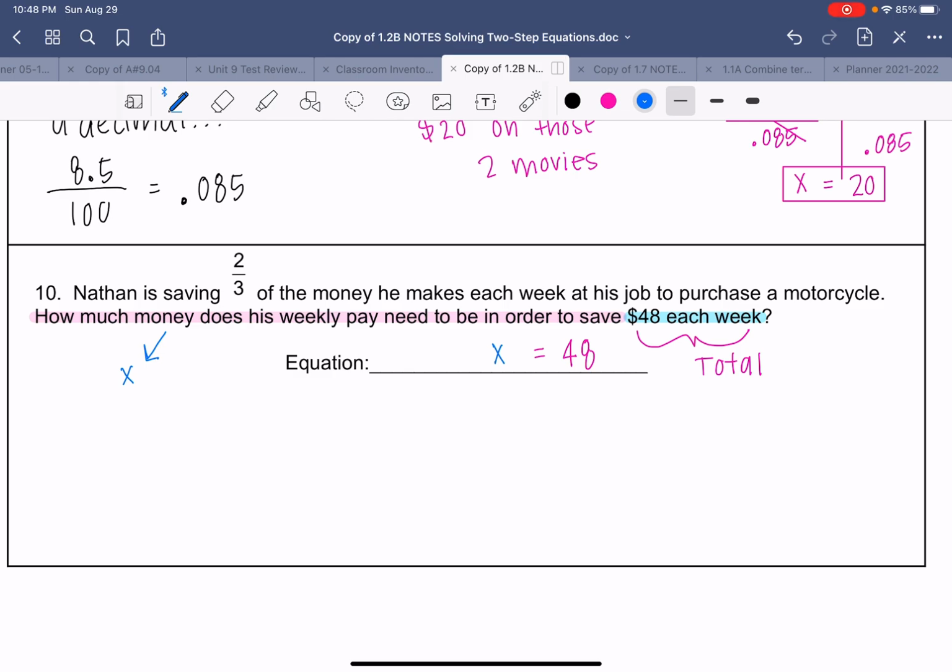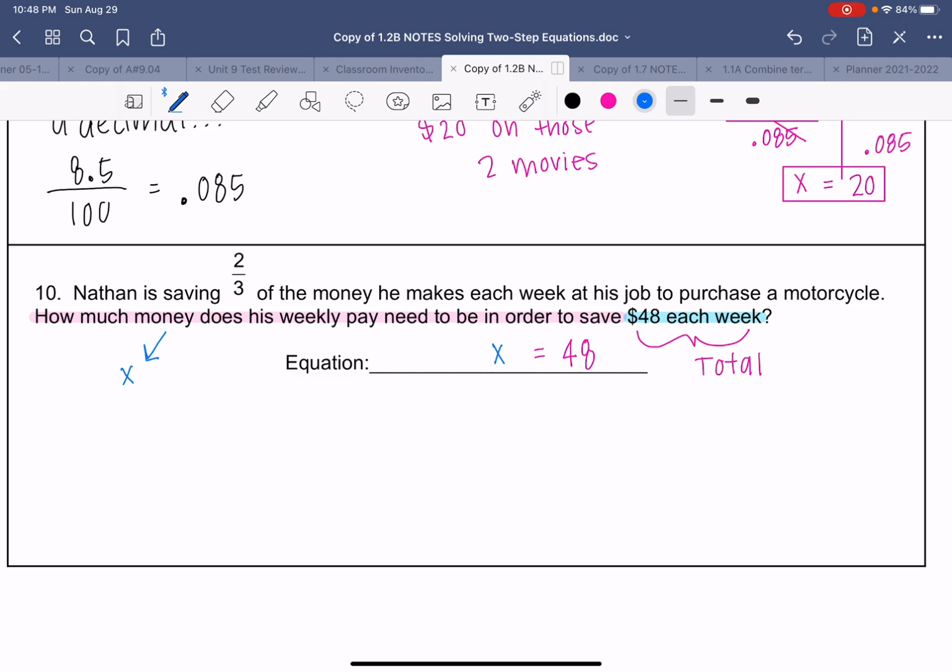So he wants to save 2/3 of the money he makes in order to save $48. We have to figure out what operation we're doing. He's not going to add 2/3 or subtract 2/3 of his money, so it's either going to be multiplication or division. He's also not dividing his money.